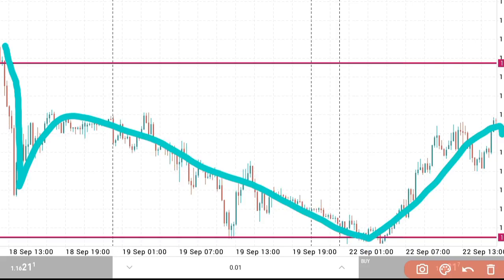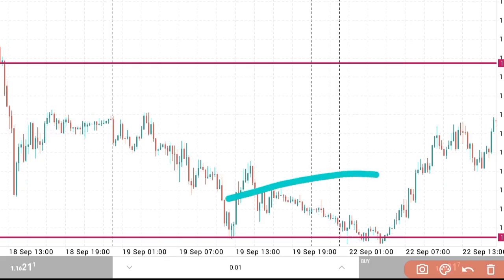With this, we'll be able to have an understanding of what demand and supply, support and resistance is. Demand is the willingness. Supply is the willingness. While support and resistance, they are actually zones.